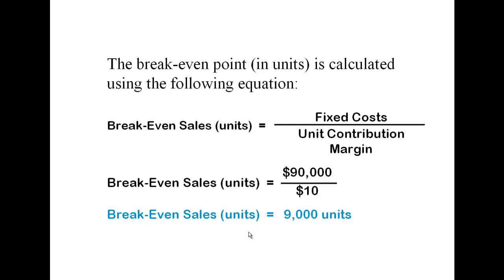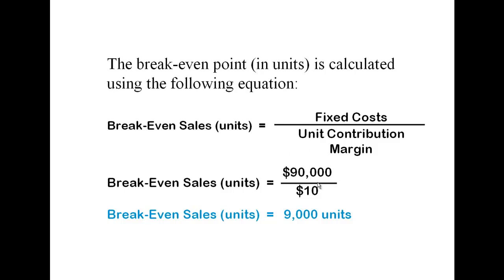So this is pretty handy if we want to know how many we have to sell to at least break even. This is a really easy way to estimate it, right? So you can think about it this way. Remember, once the fixed costs are covered, anything else is going to go into the profit of the company. So this $90,000 is going to be incurred no matter what, even if they don't produce anything.